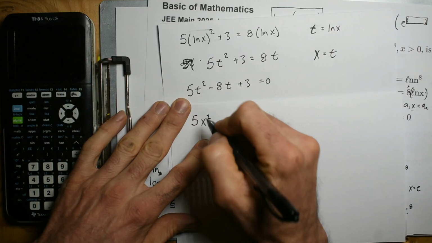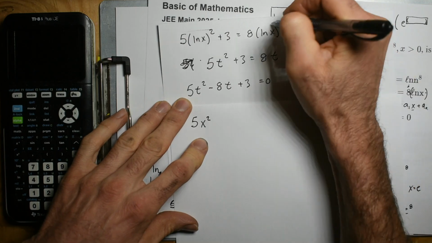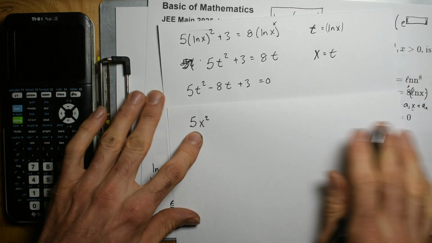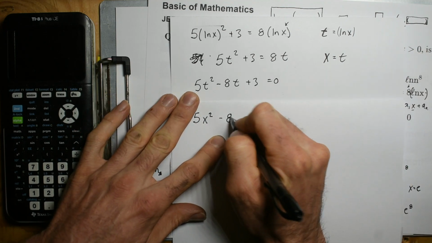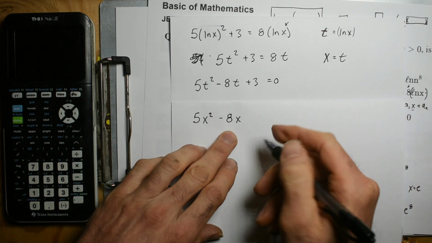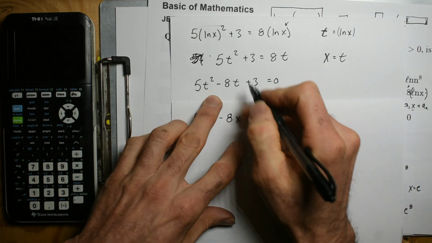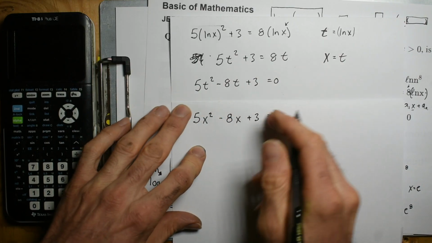You want to get used to using different letters because this t is ln x, and the x is just this independent variable. But visually, I'm going to make less mistakes if I just see this variable as x than if it's t. I'm not used to that. That's the reason why.